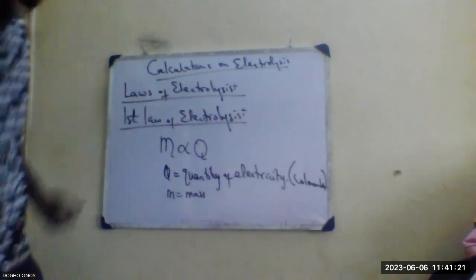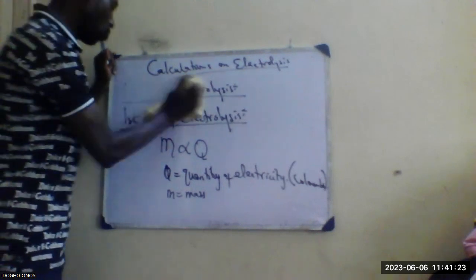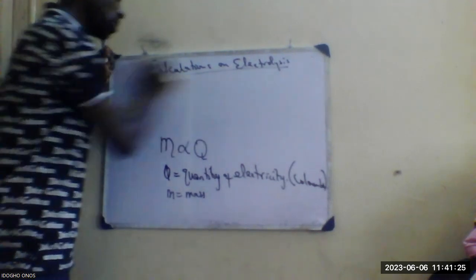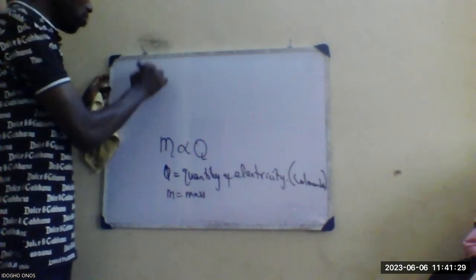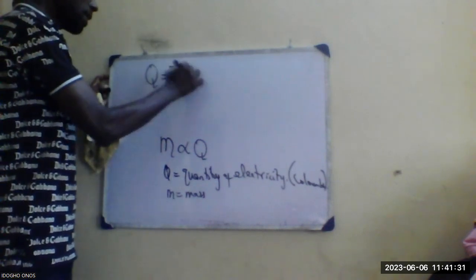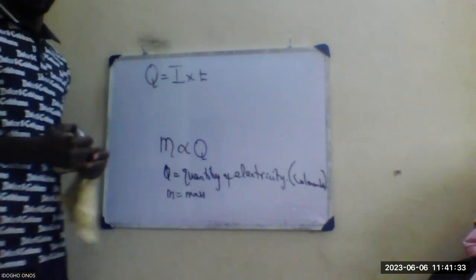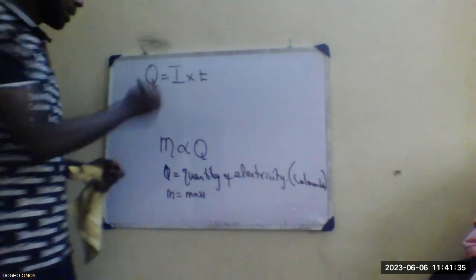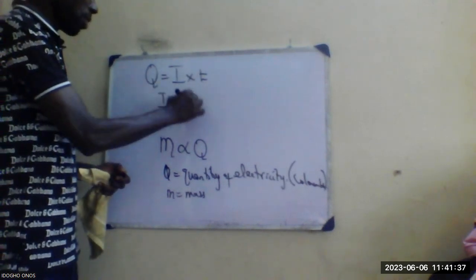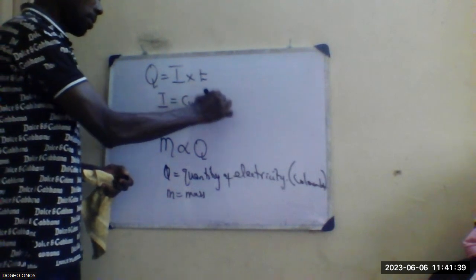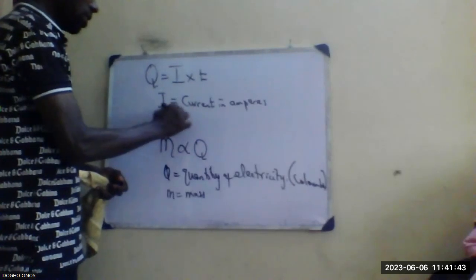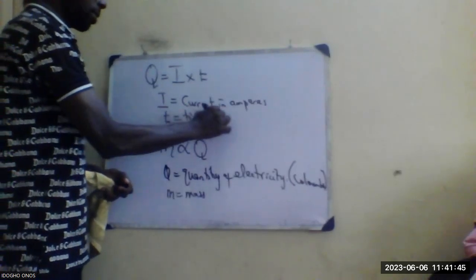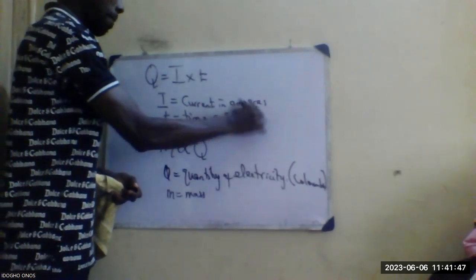Having said that, it is also important that they should know that the quantity of electricity can be calculated using the formula Q is equal to I times T, where I stands for current in amps, and T stands for time in seconds.